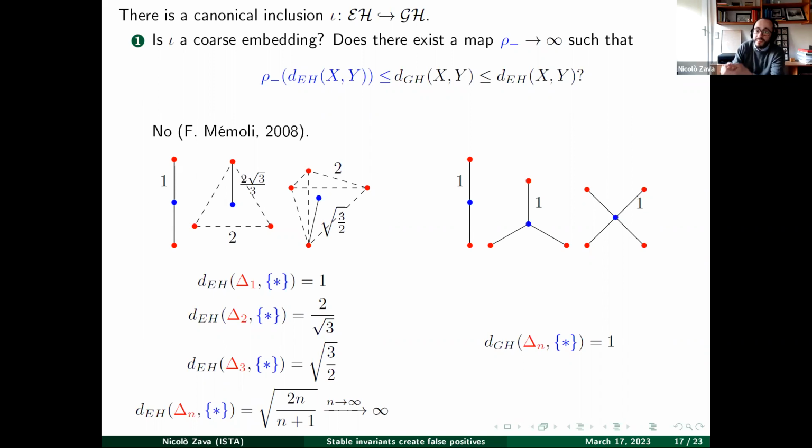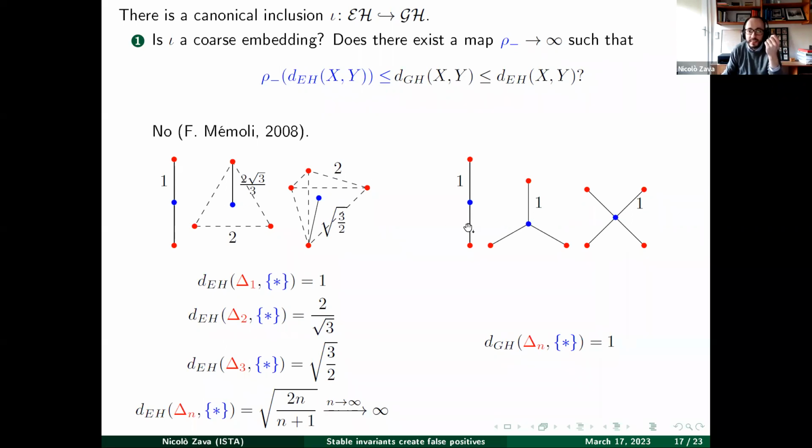However, the Gromov-Hausdorff distance is going to be constant. It does not depend on the number of vertices or the dimension of your simplex. Why? Consider, for example, a triangle.